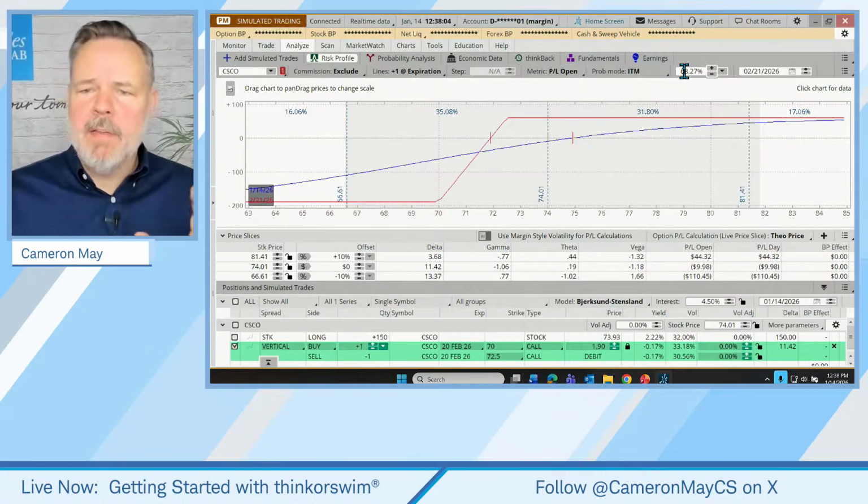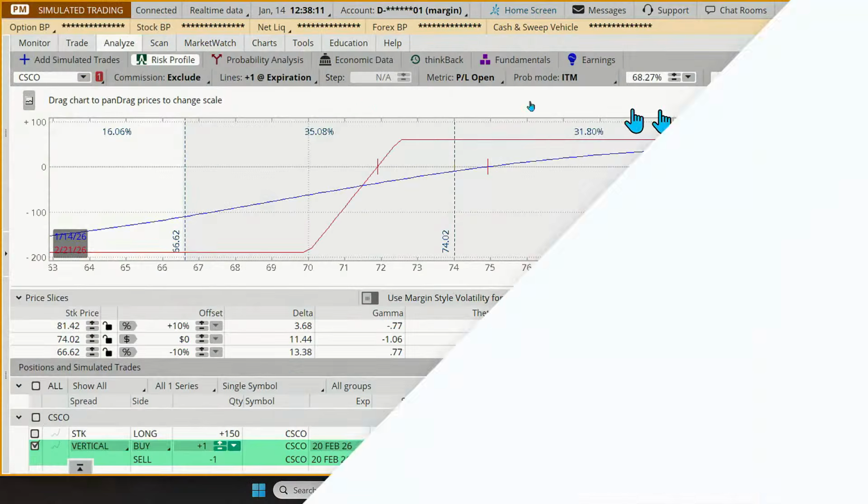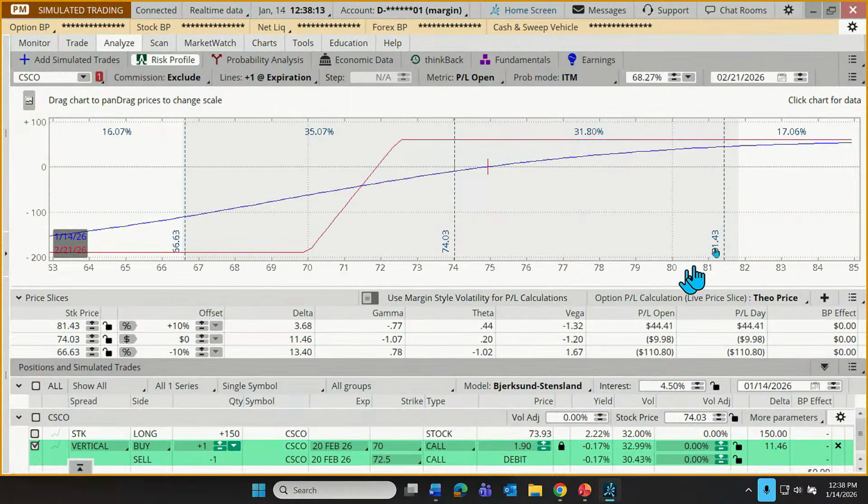So in other words, if I were to say, hey, Cameron, take where the stock is right now and then draw me out an area that gives me a 68% probability that I have still captured the stock price on February 21st. Well, there's about a 68% chance that the stock is going to land somewhere between just below $82 and somewhere maybe just above $66.50. Very likely to land in that range, about a 68% probability.